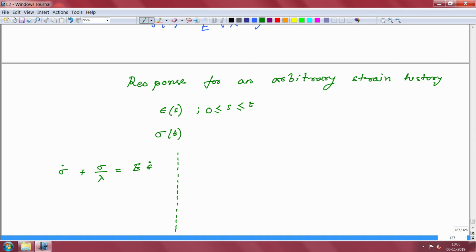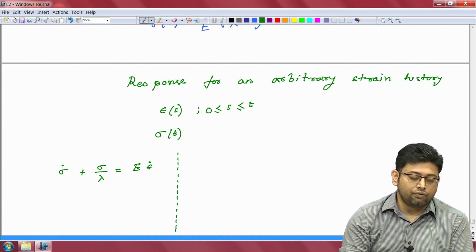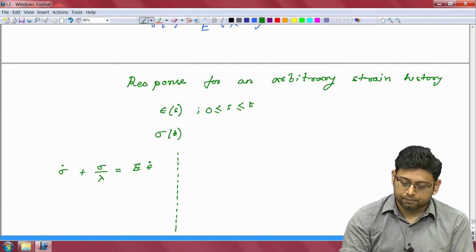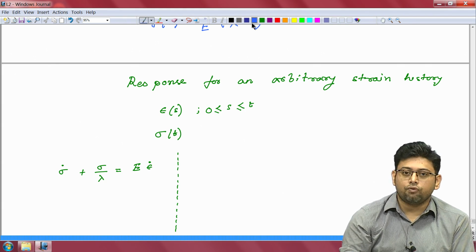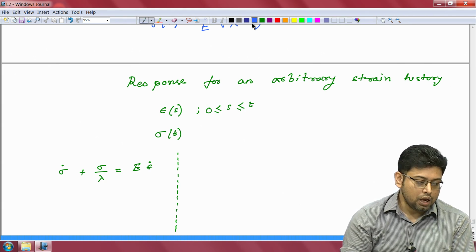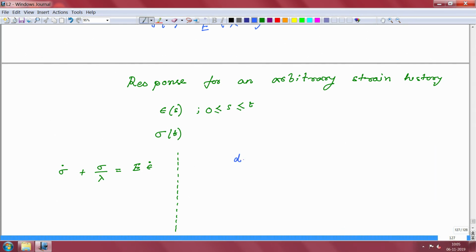When you have an equation of this form and you want to solve it for the general situation, a method called the method of integrating factors is usually applied. So, let us do a quick rehash of what the method of integrating factors is. Let us say there exists a different ODE given as dy by dt plus p, some function of time, multiplied by y, and on the right hand side you have a function of time q of t.